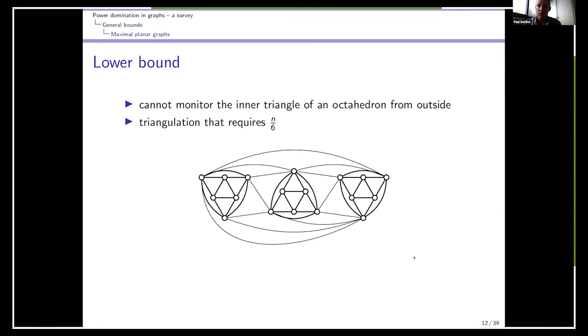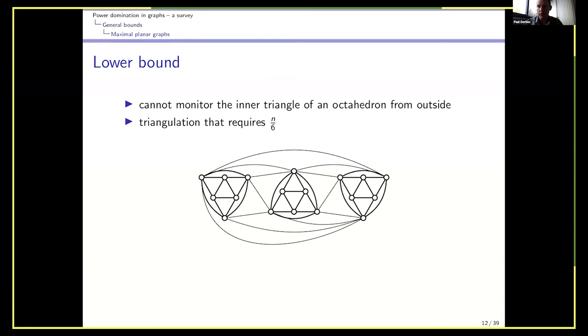I can complete with many edges so that this becomes a triangular, maximal planar graph. And here, if I try to power dominate this, I must have at least 3 vertices in the power dominating set. Indeed, I must have someone in this part, because otherwise I cannot enter it, someone here and someone here. So I must have at least 3 vertices, and I could extend this construction and show that there exists an infinite family of maximal planar graphs where at least n/6 vertices are required to power dominate it.